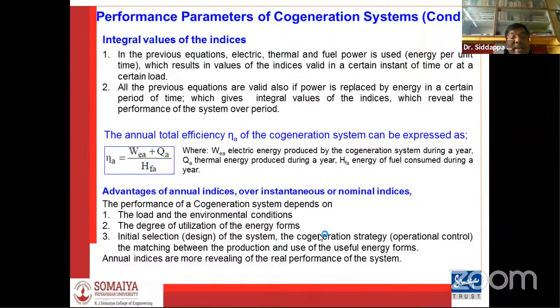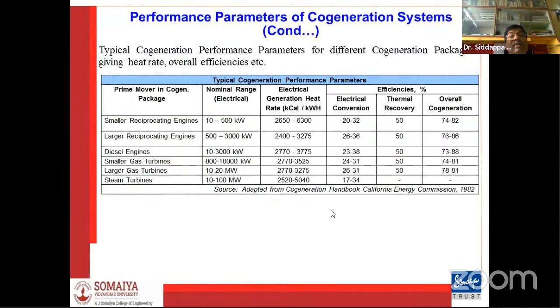Annual indices are more revealing and give a better prediction of the actual performance of the system than instantaneous values.